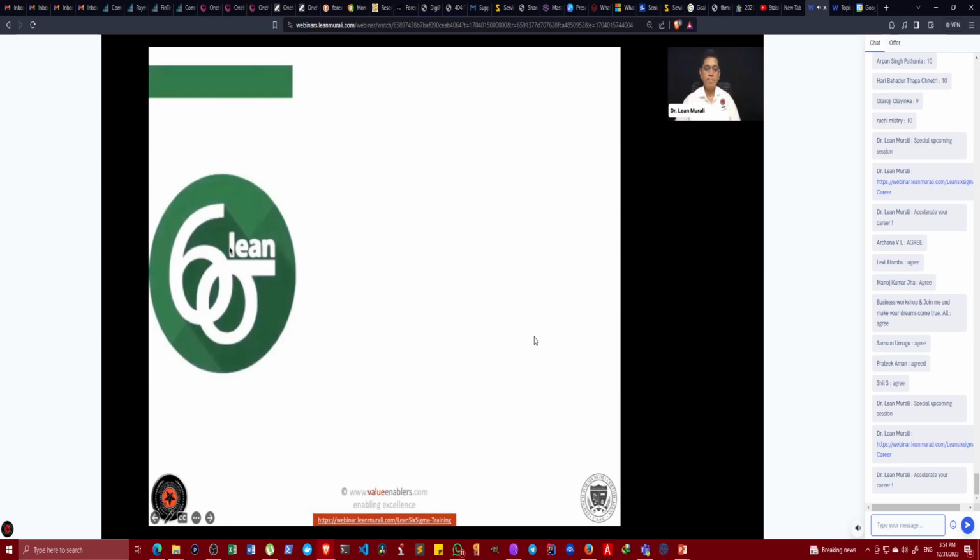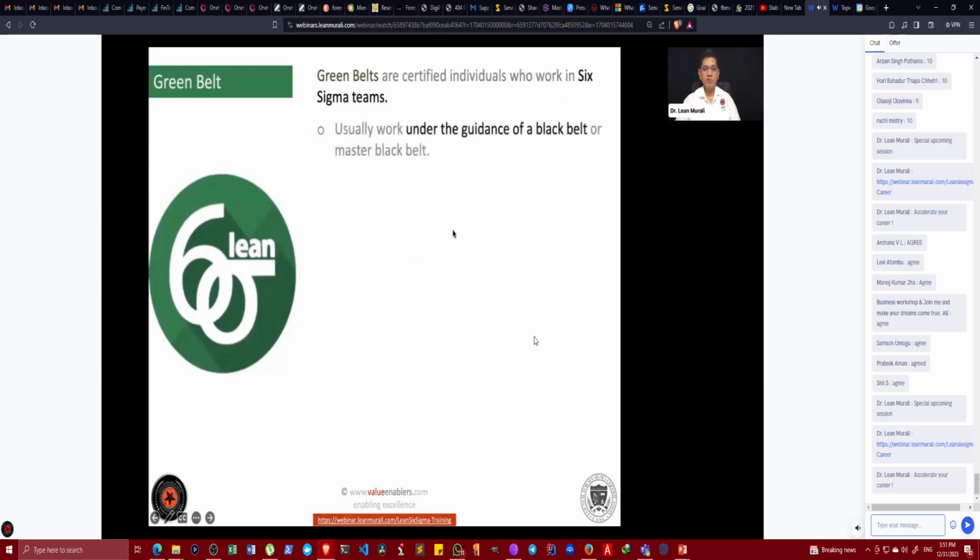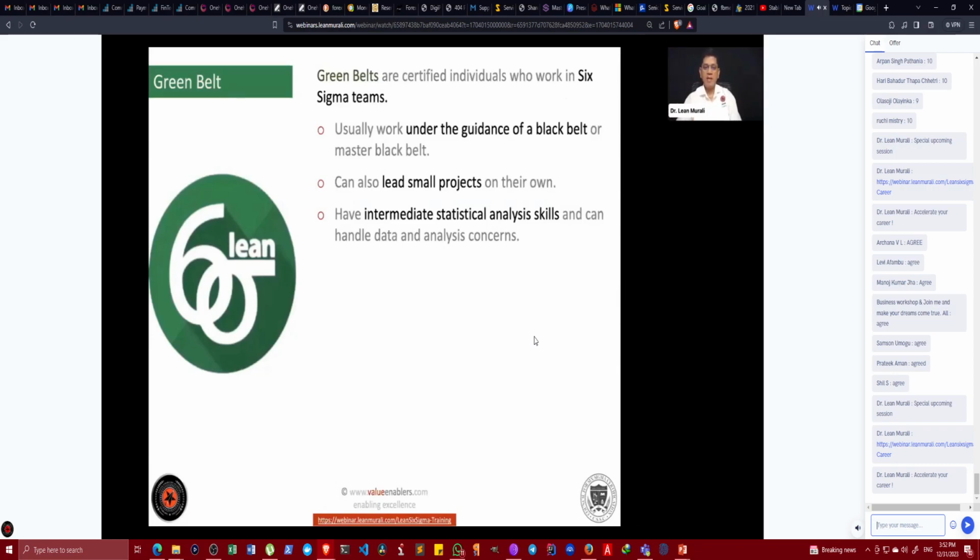So, in green belt, green belts are certified individuals who work in Six Sigma teams and they work under the guidance of black belts or master black belts. They can also lead small projects on their own. They have intermediate statistical analysis skills and can handle data analysis and concerns.